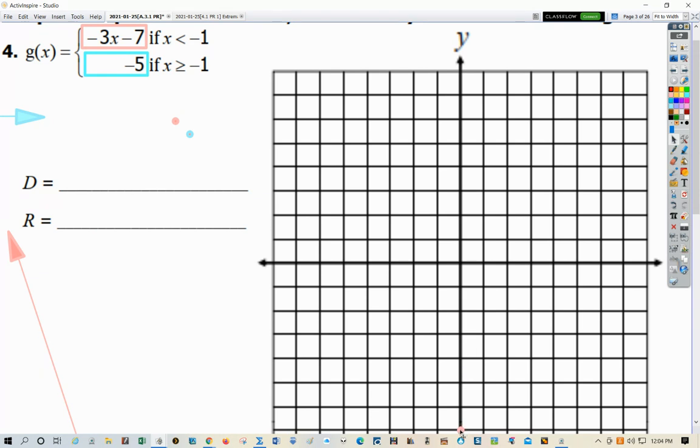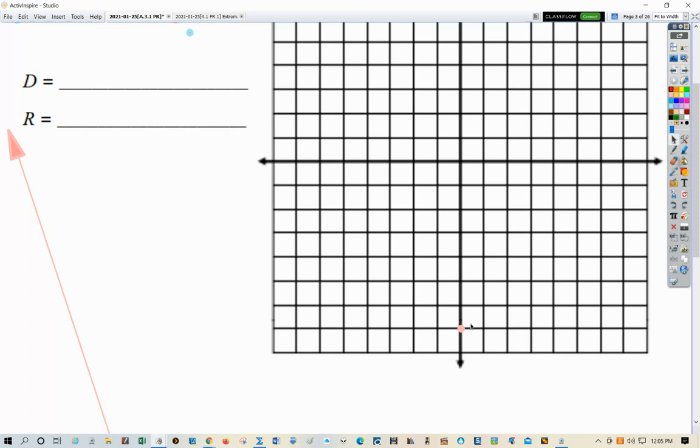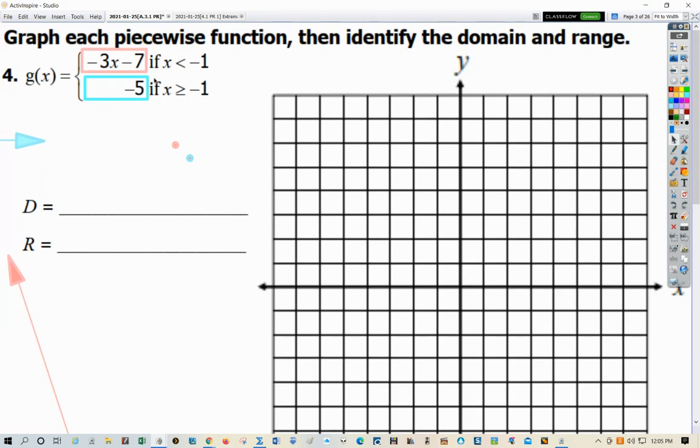So there's a point. And what's my slope on this one going to be equal to, Aiden? What's my slope for the red piece? Are you talking to me? Yep. Oh, -3. -3. So I'm going to rise -3 and run 1, right?